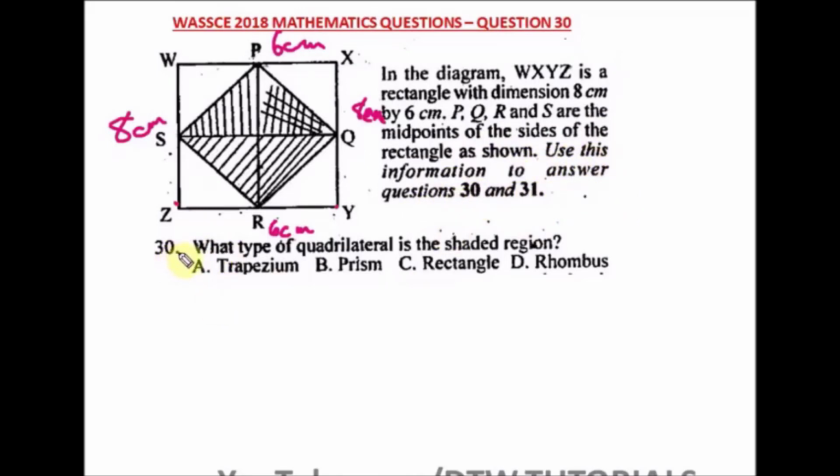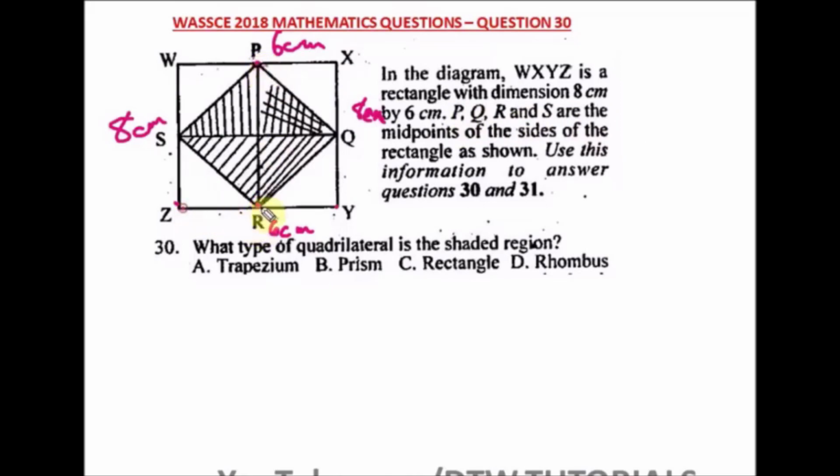Okay, so question 30 says what type of quadrilateral is the shaded region? And we've been told that P, Q, R, and S are the midpoints of the sides. Okay, so this is a midpoint, this is a midpoint.